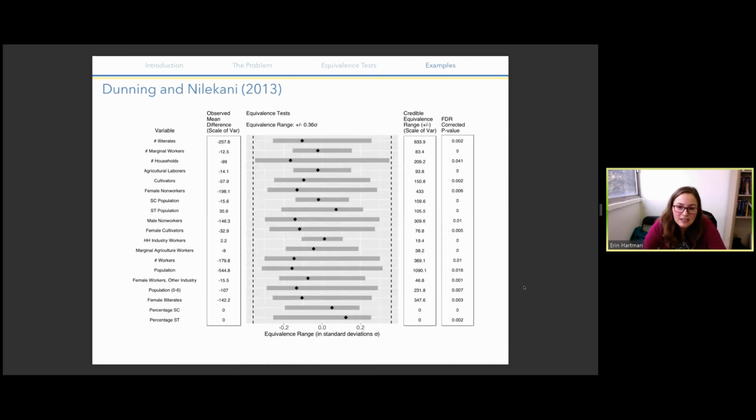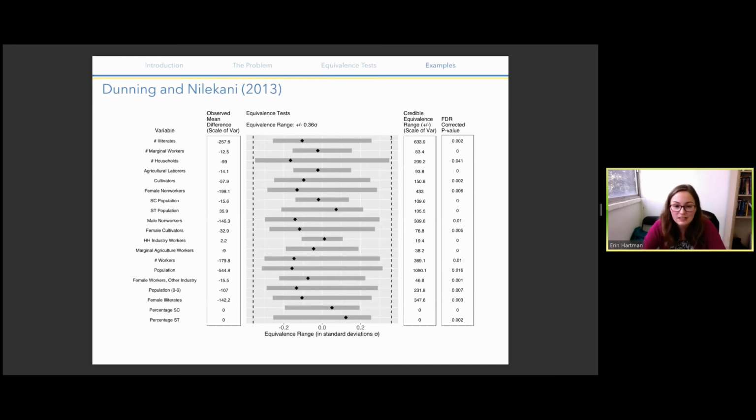So here we've presented how we think balance tests, especially if you're doing a suite of them, should be presented. We look at all of their pretreatment covariates, and the variable is here on the left. The observed mean difference on the scale of the variable is presented. So how big is the difference? Here we tested the equivalence range at plus or minus 0.36 standard deviations.